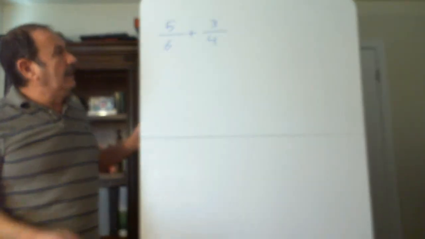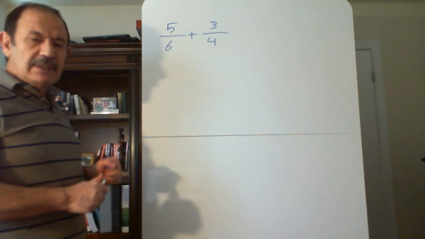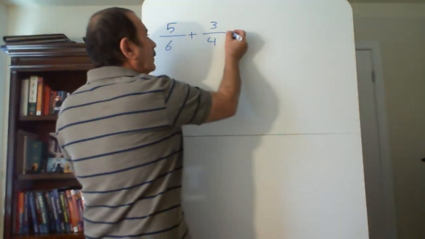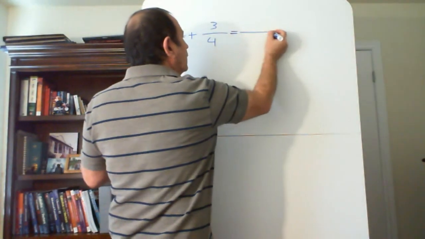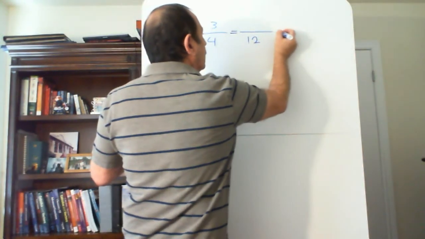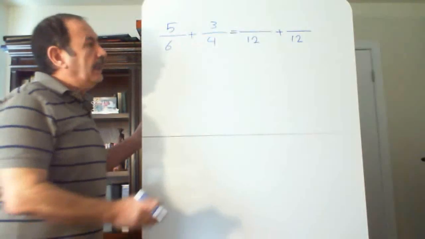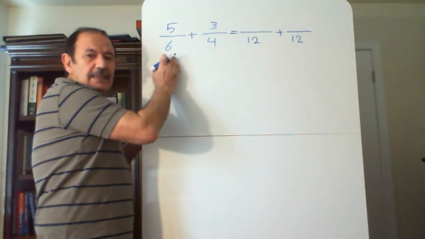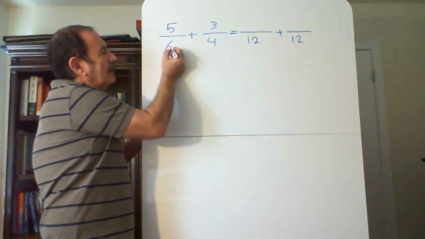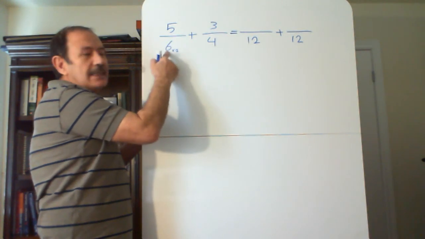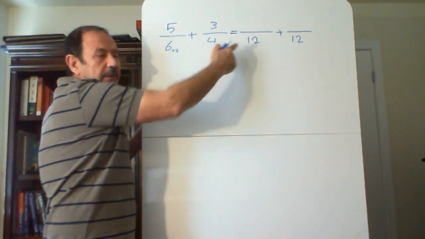Now, as we found the LCM of 6 and 4 is 12, rewrite both fractions using the LCM: 12 plus 12. Then 12 divided by 6 is 2. It means we should multiply 6 by 2 to find 12.